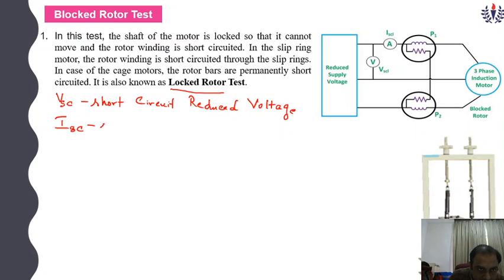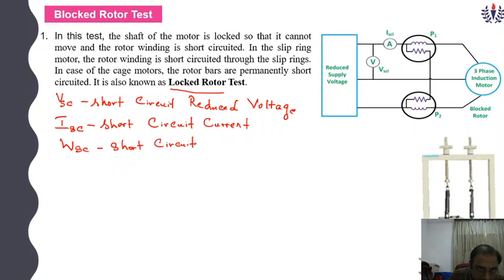ISC is the short circuit current, and WSC is the short circuit input power.